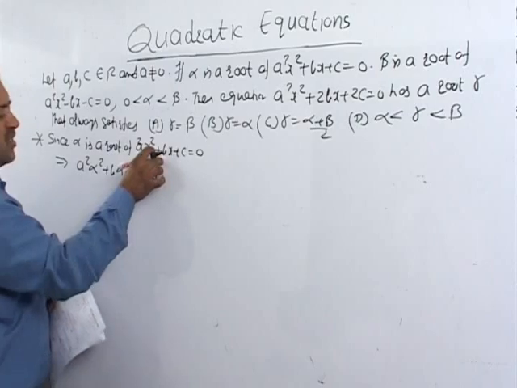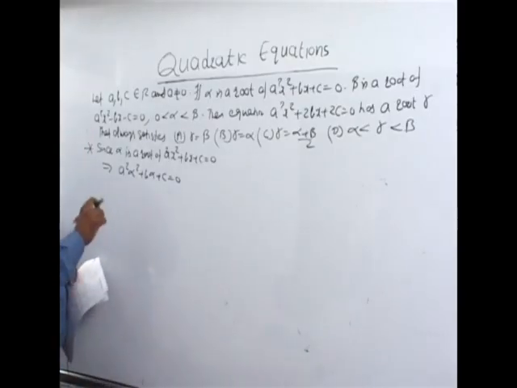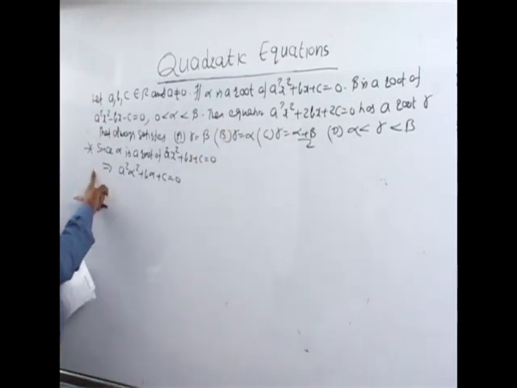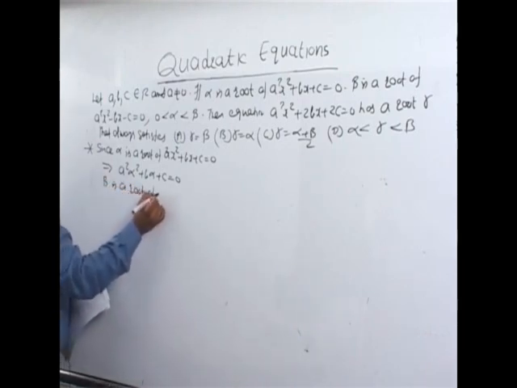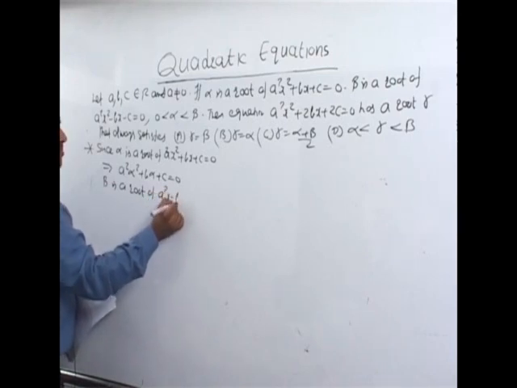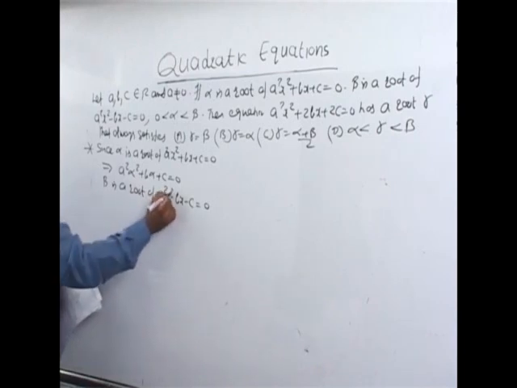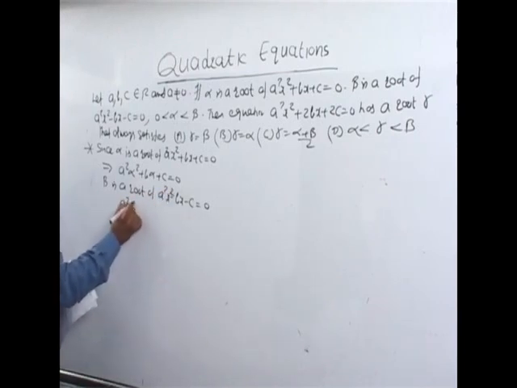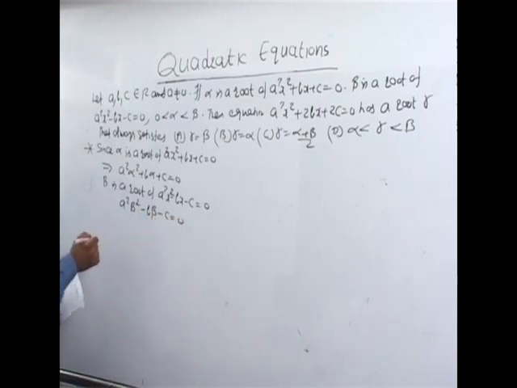If alpha is a root of this equation, then alpha must satisfy it. Then condition number 2: beta is a root of a squared x squared minus bx minus c is equal to 0. So a squared beta squared minus b into beta minus c is equal to 0. We can conclude beta must satisfy this equation.